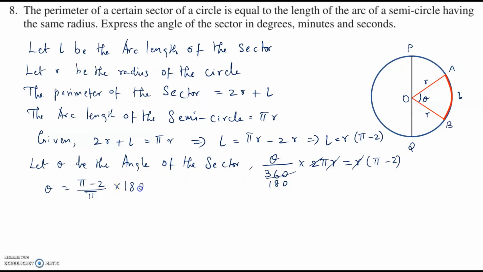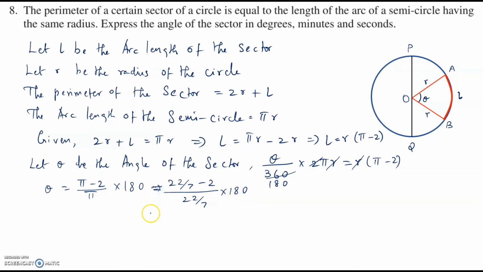So it's 180. So further simplifying this, let's replace the value of pi as 22 by 7. So 22 by 7 minus 2 divided by 22 by 7 into 180.